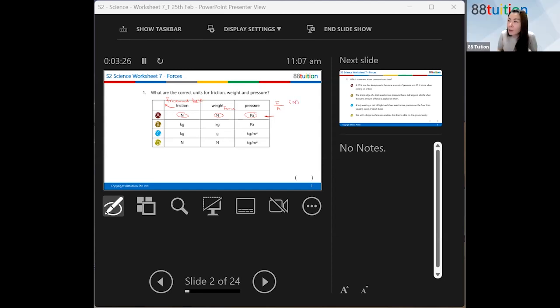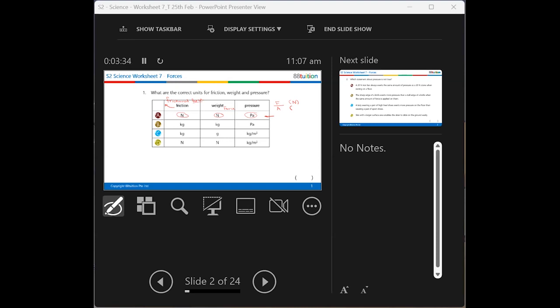And then the unit for area. Square meter.